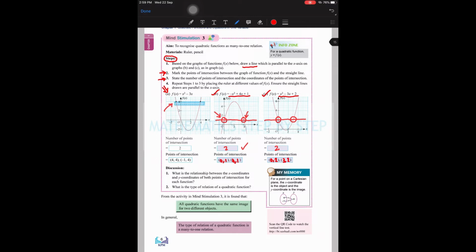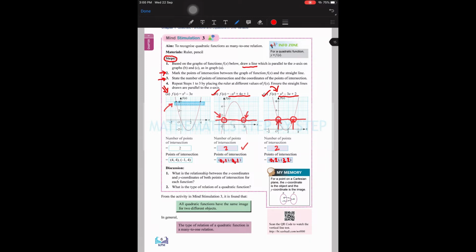So from this mind stimulation, it already shows that a quadratic function has a many-to-one relation, okay? Okay, let's say for C, okay? For x equals 0, y is equal to 2. For x equals 3, y is also equal to 2, okay?